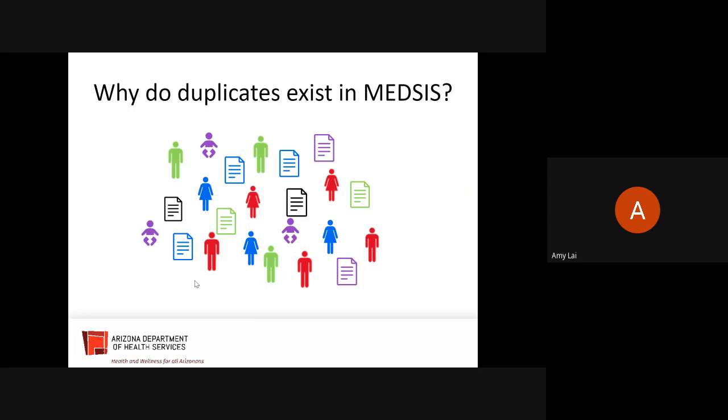So first, why do duplicates exist in MEDSIS? There are a couple of different reasons. First is because we have multiple reporting mechanisms in Arizona. So it's a dual reporting system. Lab has a list of reportable conditions that they need to meet, and healthcare facilities also have a separate list.